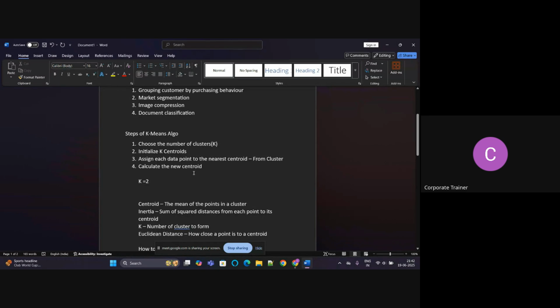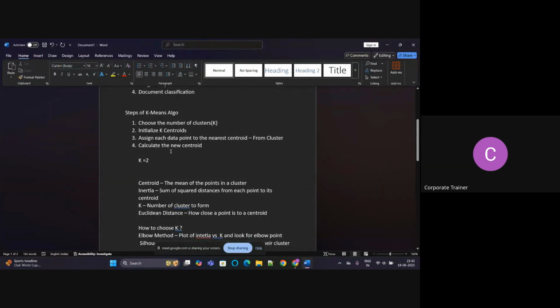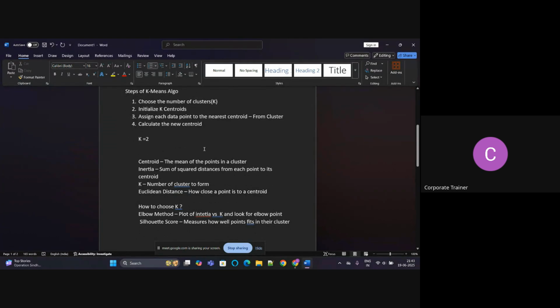That means you have to calculate the mean of all points in each cluster and move the centroid. Whenever you are done with these, sometimes you have to repeat these steps until the centroids do not change, so you have to follow this technique.